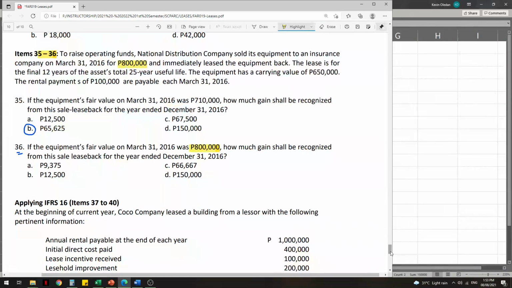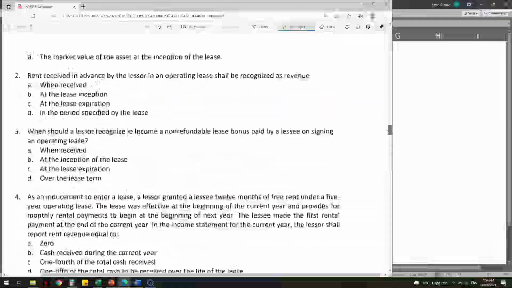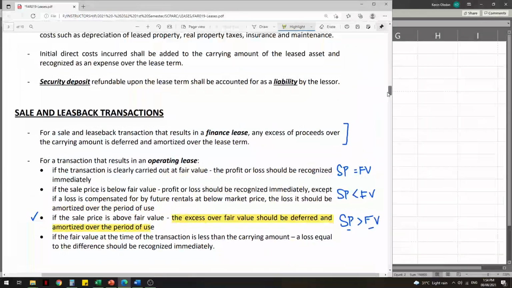Ano daw ang mangyayari? Let us look again at the rules. When the selling price is equal to fair value, you don't have a problem because the profit or loss should be recognized immediately. If the transaction is clearly carried out at fair value, meaning it was sold at fair value, any profit or loss will be recorded immediately.